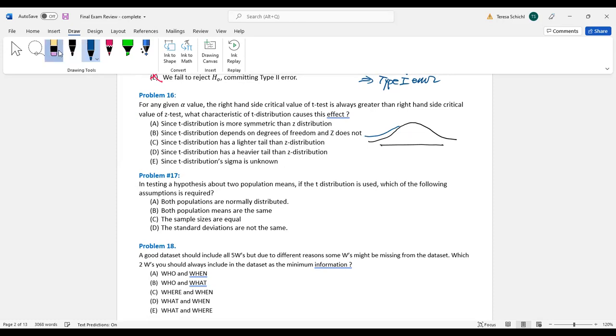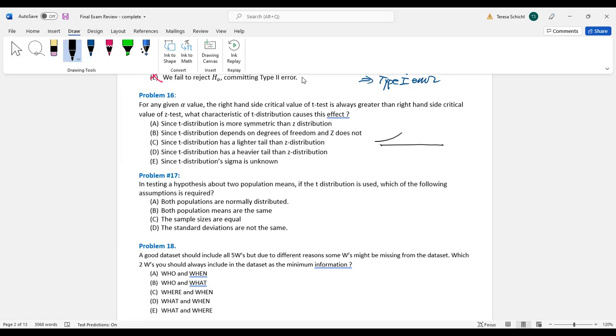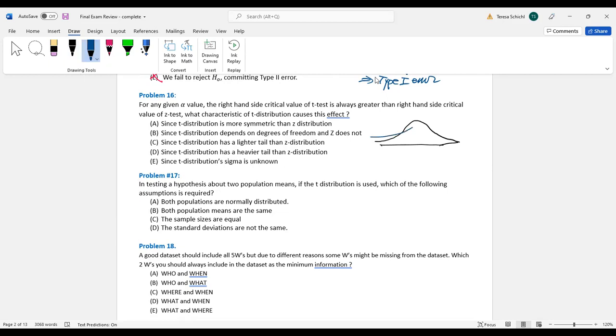Let me draw my normal better here. Okay, so this is my normal distribution. Then we know the t-distribution, when we talk about the t-test, has heavier tails.